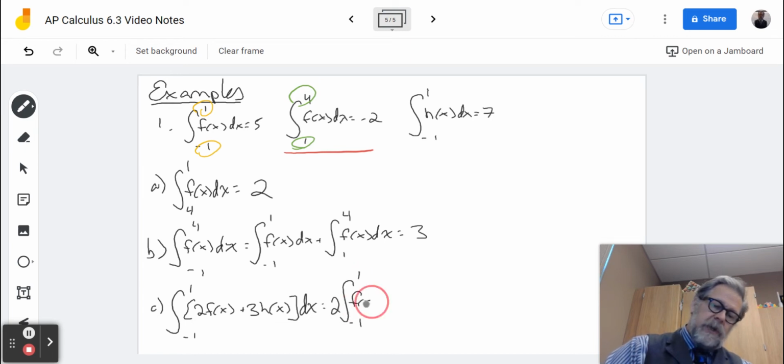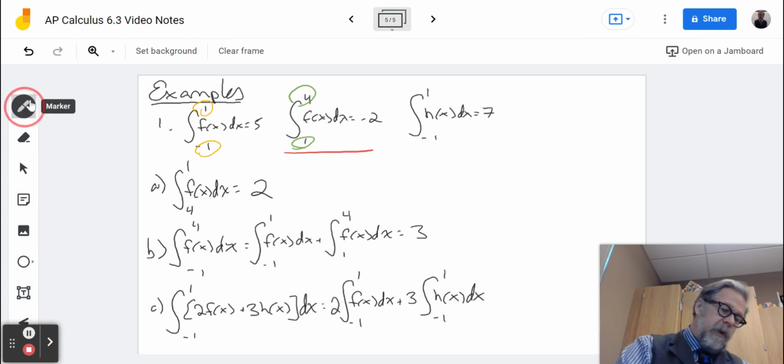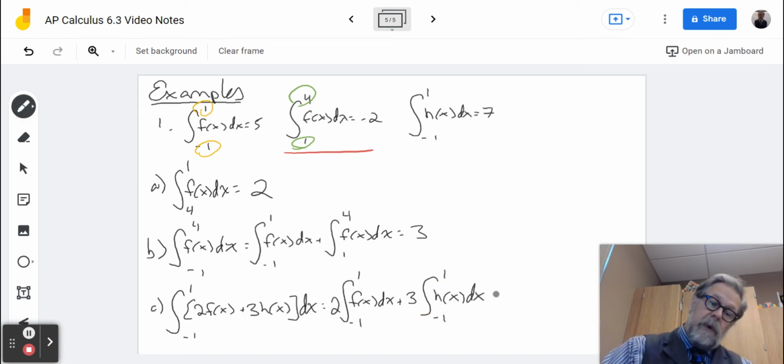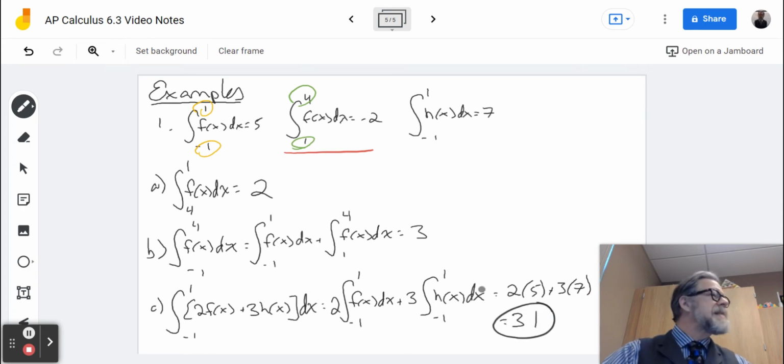So this is twice the integral of f of x plus 3 times the integral of h of x. And notice that this only works because the limits of integration are the same on both functions. If they were different limits of integration, you would not be able to do this. So now I've got 2 5s plus 3 7s giving me 31.